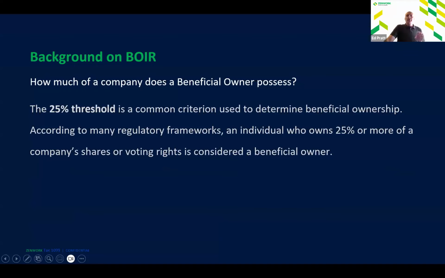How much of a company does a beneficial owner possess? There's a 25% threshold that's a common criterion used to determine beneficial ownership. If I own 24.5% of something, I would probably make a report and claim myself as a beneficial owner just to avoid any problems. But that 25% threshold is where the normal breakdown takes place.